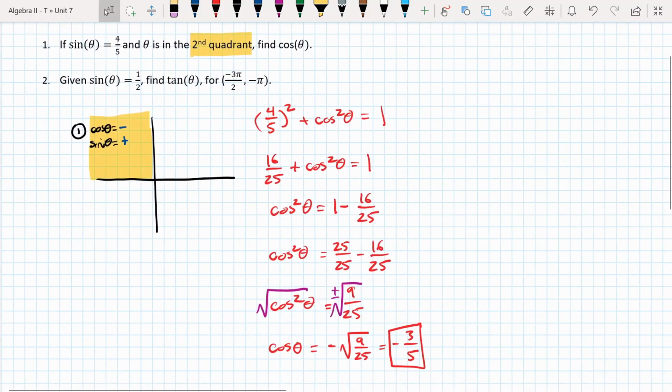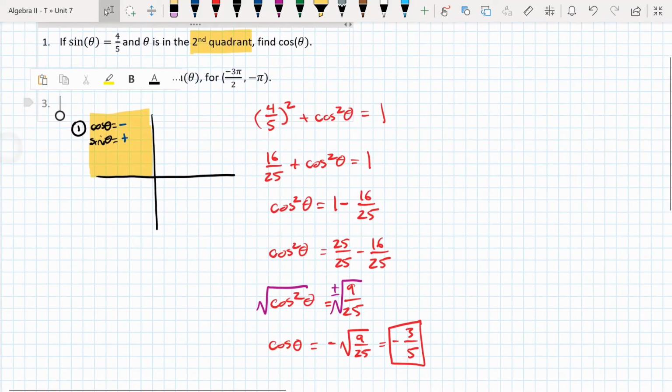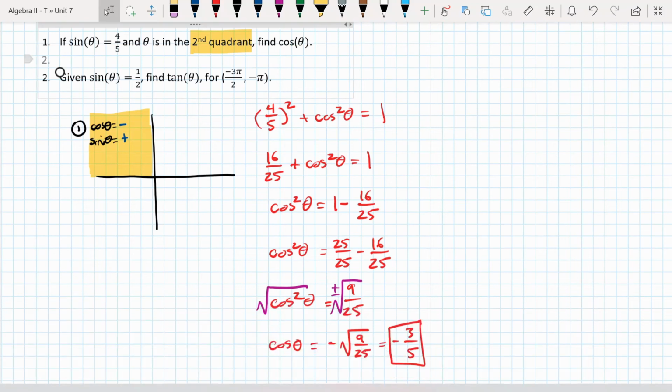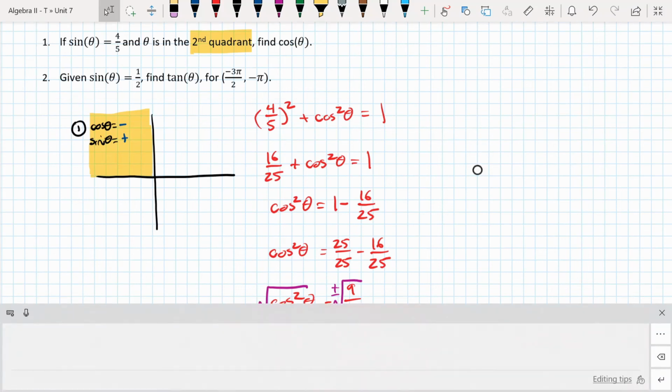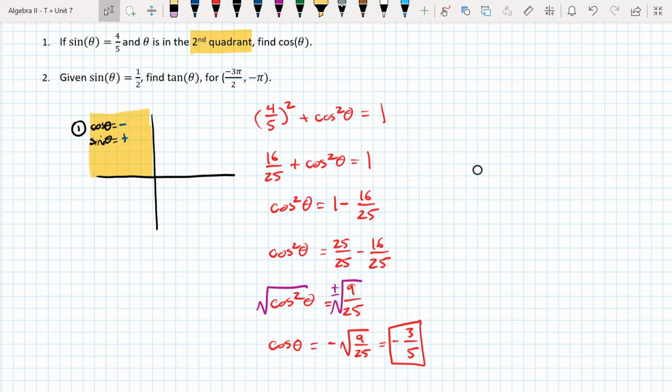Okay? And let's conclude this by going through problem number 2 here. So problem number 2, this is a tangent question like we saw at the beginning of the lesson. This one's going to be a little bit different though, because this is going to be a little bit trickier. Okay, how do we deal with that?